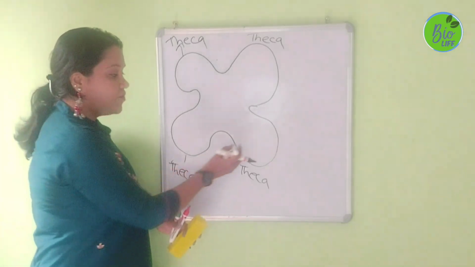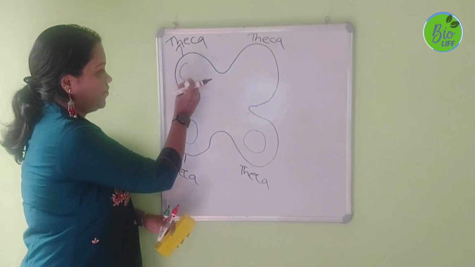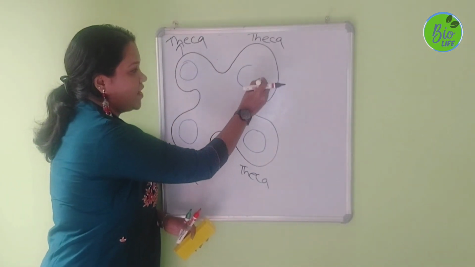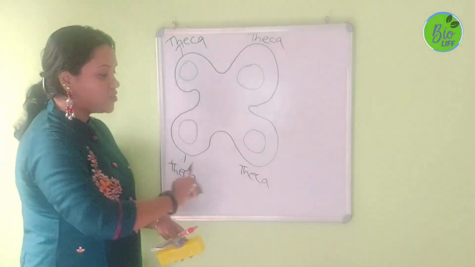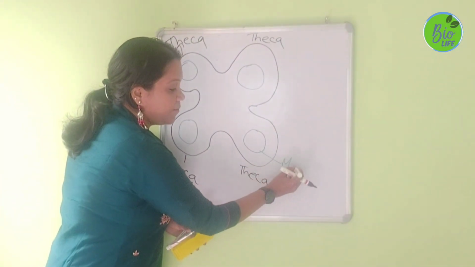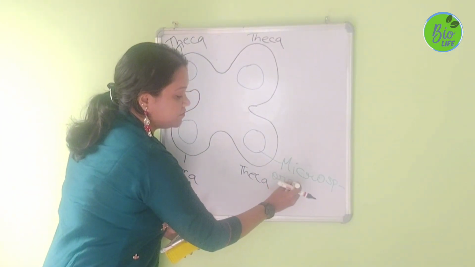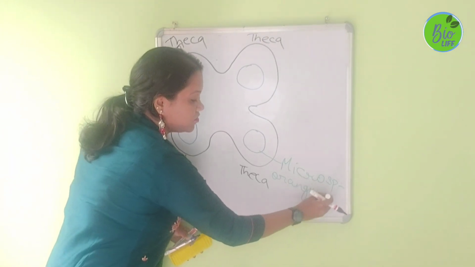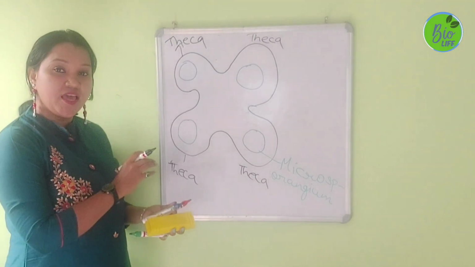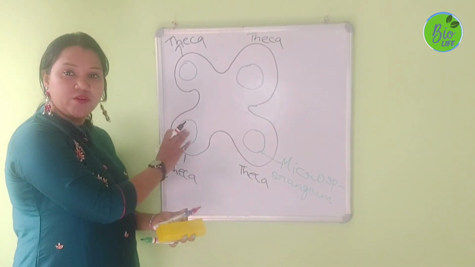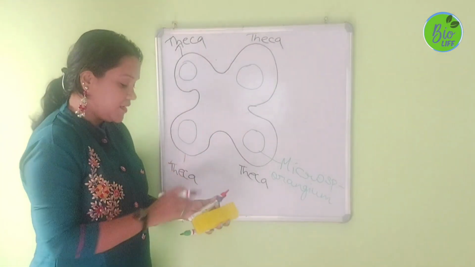Inside that, some round-like structures are present. These round-like structures present inside each theca are nothing but microsporangium. So total four theca are there, and in each theca one microsporangium is present, so total four microsporangia are present.